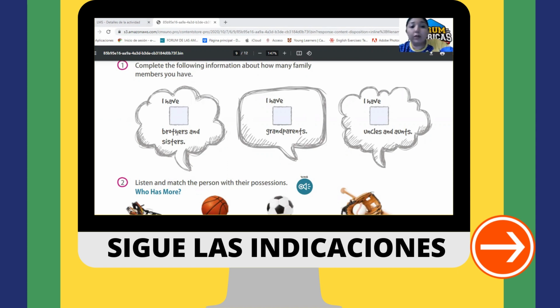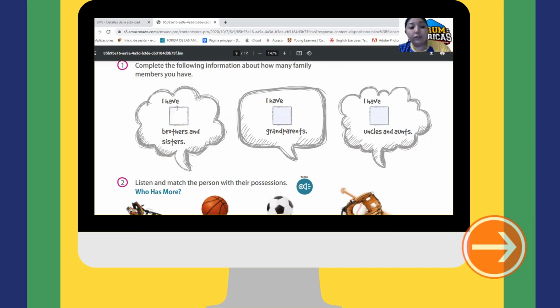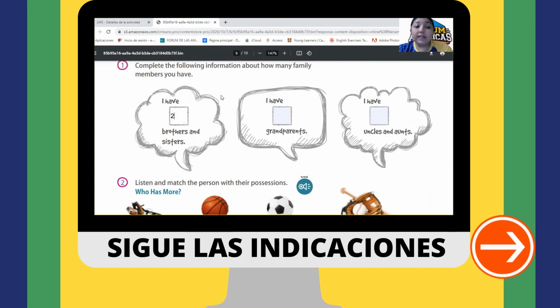I have brothers and sisters. How many brothers and sisters do you have? For example, in my family, I have 2 brothers and sisters, okay? Grandparents, I have 4 grandparents, okay? And uncles and aunts, oh my goodness, I have a lot.